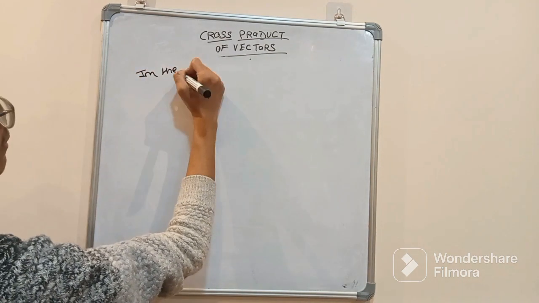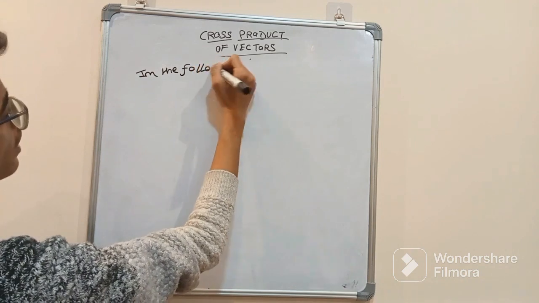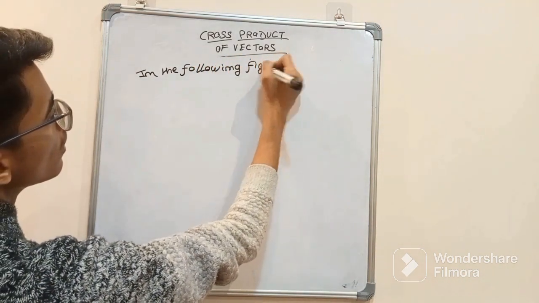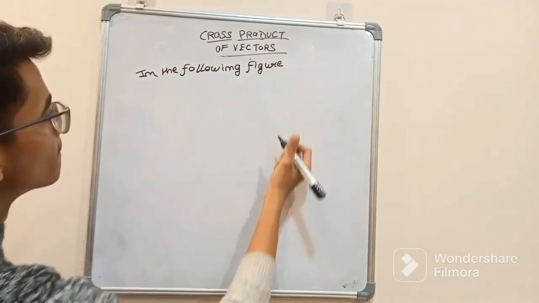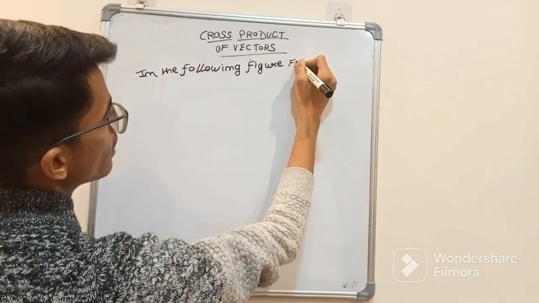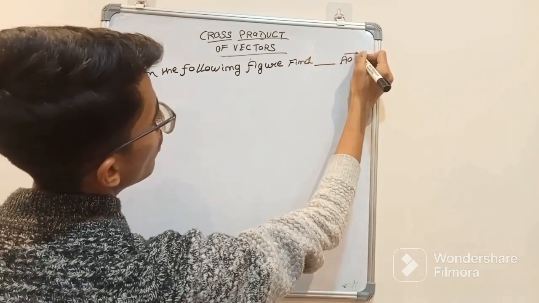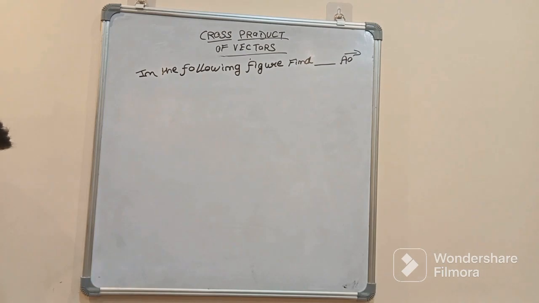In the following figure, find the number of AO vectors.